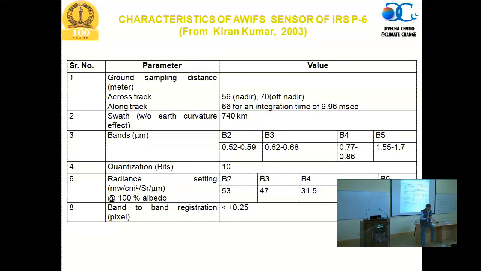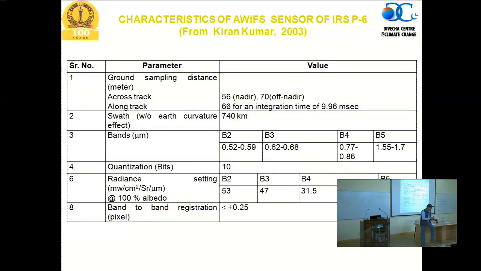So these are the trade-offs you need to make depending upon what you want to do. Suppose I want to study how seasonal snow is changing. If I revisit that area after 2 months, the snow is completely melted away.